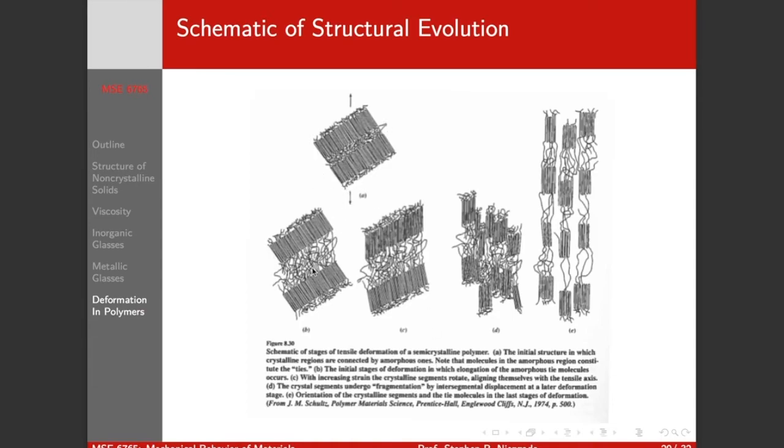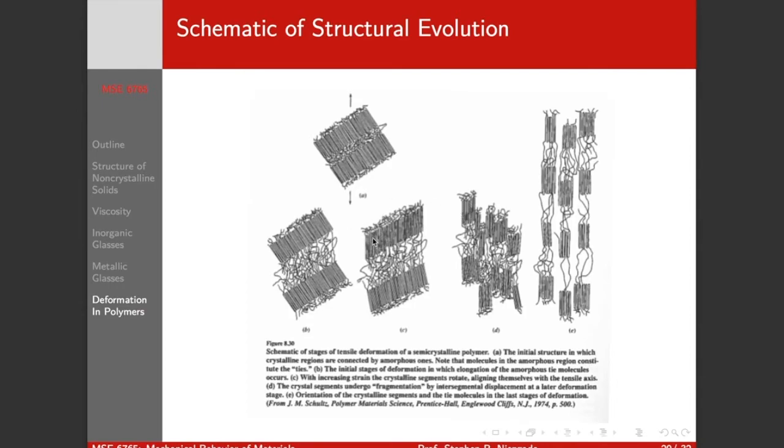So as we pull, the amorphous regions basically stretch out, right? And they can't become fully elongated because there's cross-linking and other types of entanglements happening. But they stretch out, and if we keep pulling, the crystalline regions will break up by shear.